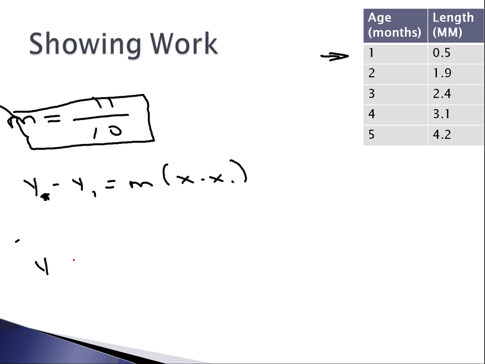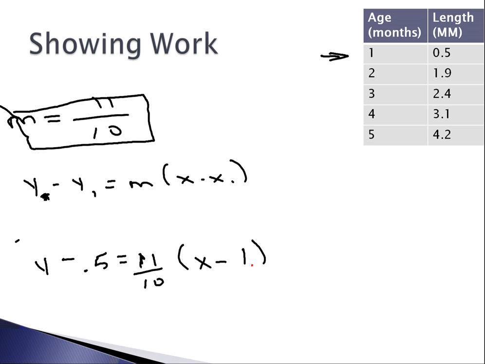So it just becomes y minus y1, which is our y coordinate from our ordered pair, which is 0.5, equals, instead of m, I'm going to write 11 over 10, in parentheses, x minus, instead of x1, it will be just the number 1.